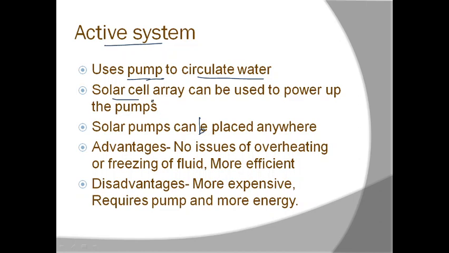Solar pump and the solar water tank can be placed anywhere, since we use pumps for water heating. Its advantages are it has no issue of overheating or freezing of fluid, and it is more efficient. Whereas its disadvantages are it's more expensive and it requires a pump and more energy.